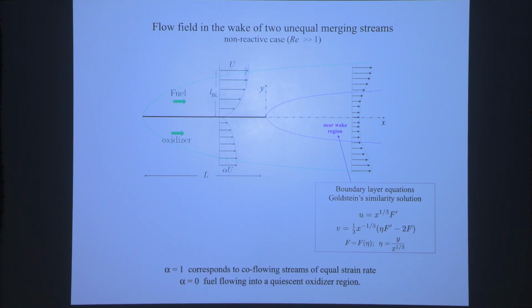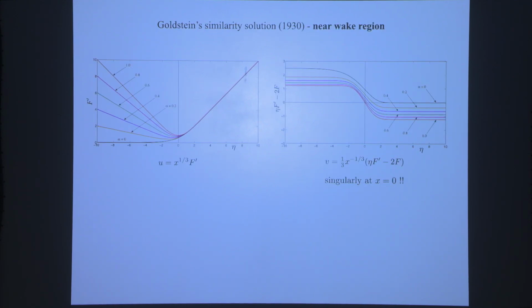So alpha equal to 1 means exactly the same. Alpha equal to 0 means there is a stream only on the top, nothing in the bottom. In other words, if you are going to have eventually a flame, when I put the flame in, the oxidizer is just entrained, but is not convected or does not come from a stream. Okay, so this is the picture, and so those are the solutions.